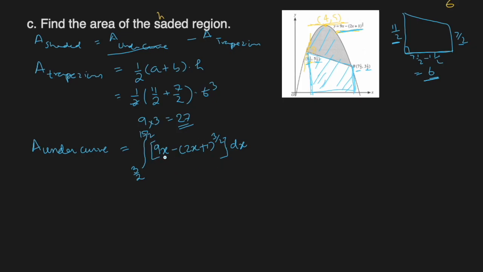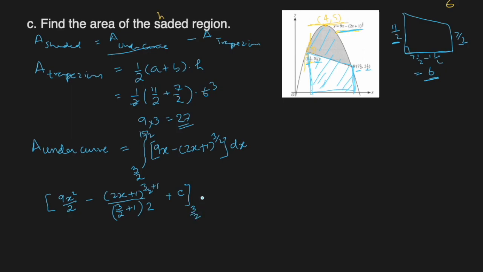Okay, so let me integrate. 9x will be 9x square over 2, minus 2x plus 1, and the exponent will go up by 1 and we will divide by the same. Further, we have to divide by the differentiation of this, which is 2. Plus c.